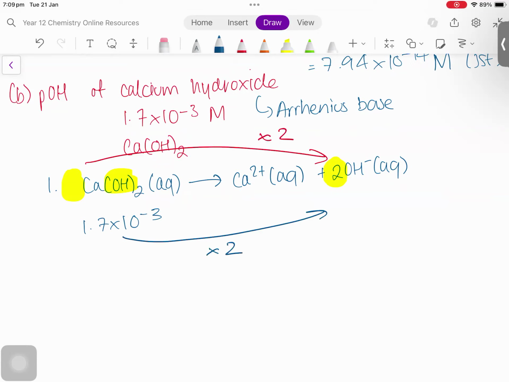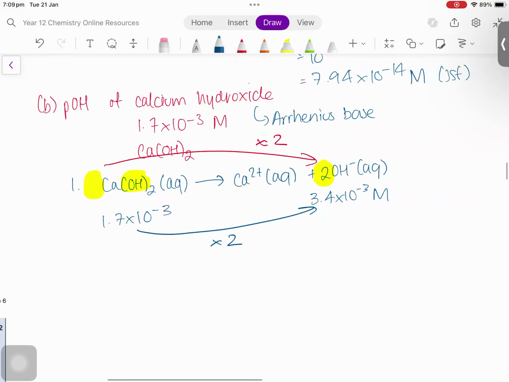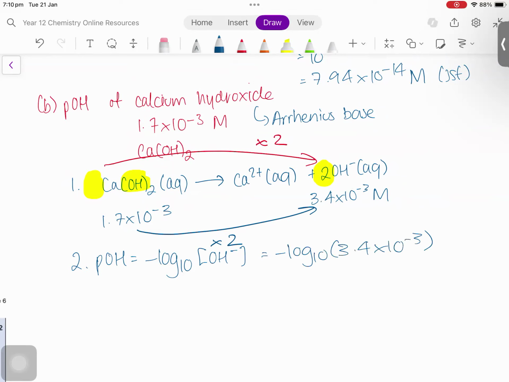1.7 times 10 to the minus 3 times 2 is 3.4 times 10 to the minus 3 molar. I think that's correct. Correct me if I'm wrong. So I've got the OH minus concentration now. Step 2, I'm just going to pop it into my equation. pOH is negative log base 10 of OH minus. So that's negative log base 10 of 3.4 times 10 to the minus 3.